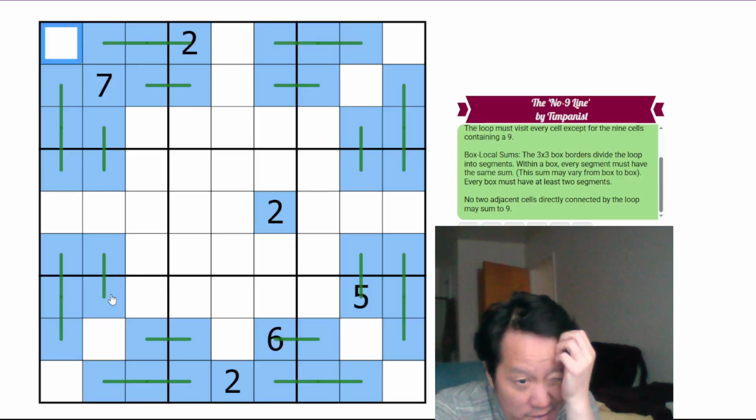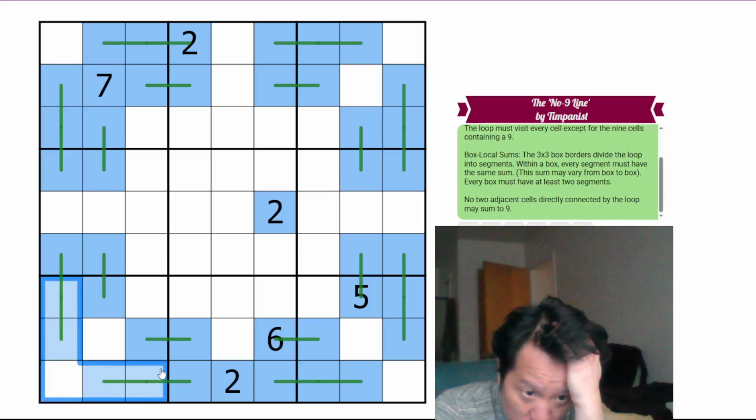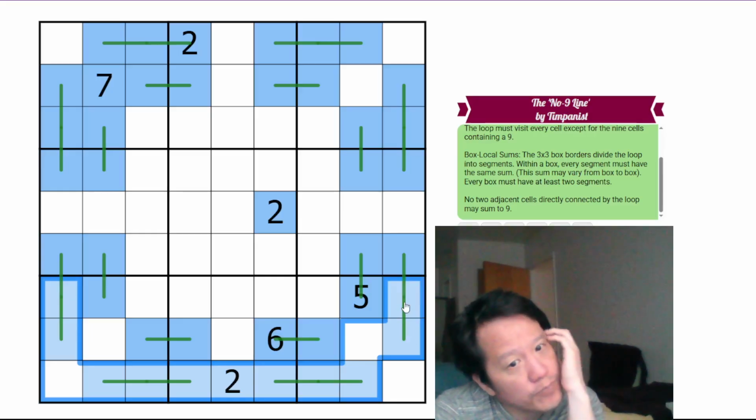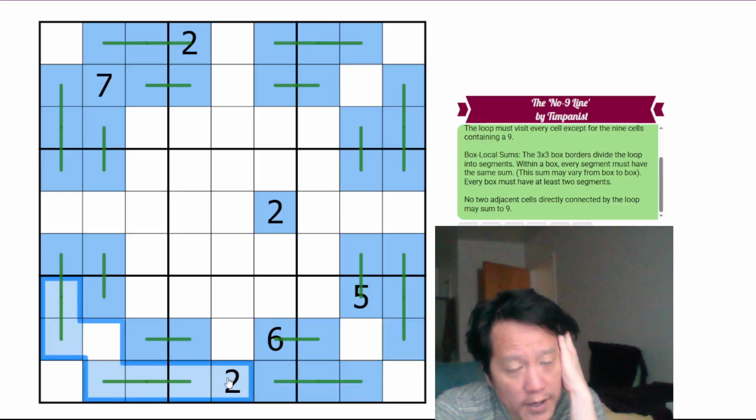So one of these is going to go this way, and then the other one has to go like that. So it's either that.